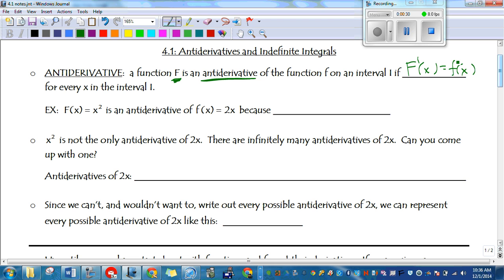So the derivative of capital F of x equals lowercase f of x, and then capital F of x is the antiderivative. For example, if capital F of x is x squared, that's an antiderivative of 2x, because if we take the derivative of capital F of x, we get 2x, which is the same as little f of x.